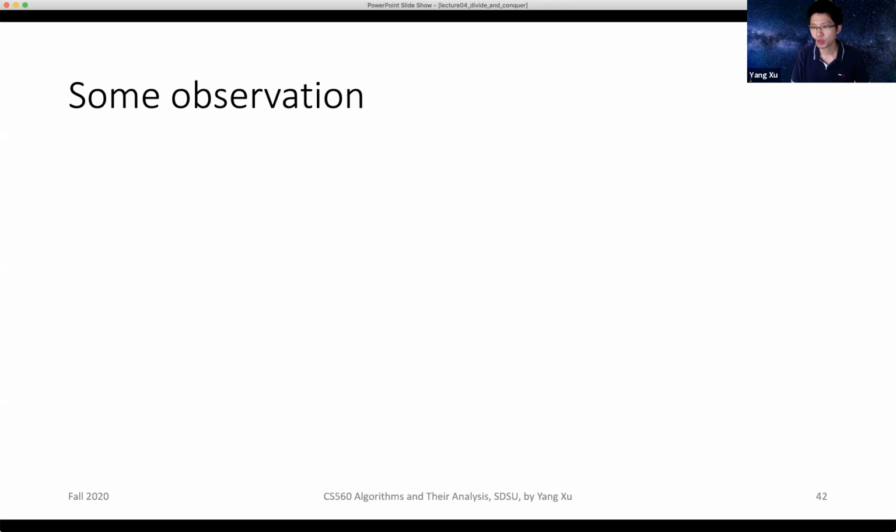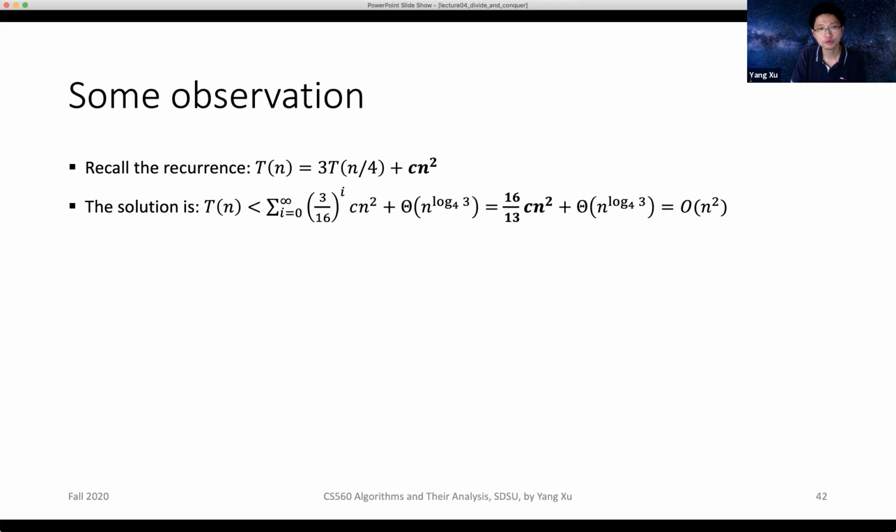All right, so based on the trees we have drawn, this is the recurrence that we used to draw the first tree in the previous slides, right? The solution is two parts. The first part is a summation of a geometric series, right? And the second part is the summation at the bottom level of the tree, okay?